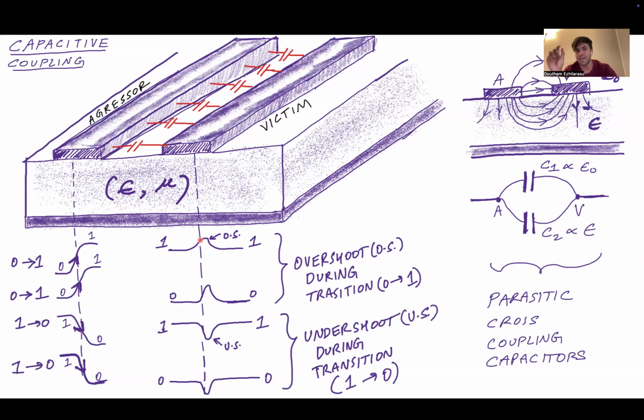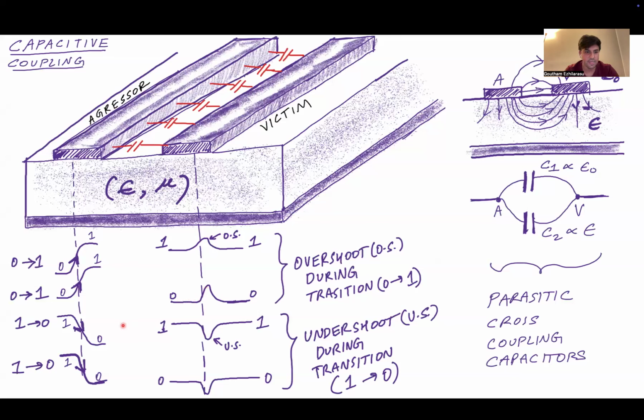The time it takes to come back really depends on the time constants of the interconnect, for example of this link, because if it has some capacitance, then it's something like the RC time constant for the discharge or charging. What happens if there's a 0 to 1 transition on the aggressor, but now the victim was originally at 0? The 0 signal is suddenly going to go up, and then it's going to go back to 0.